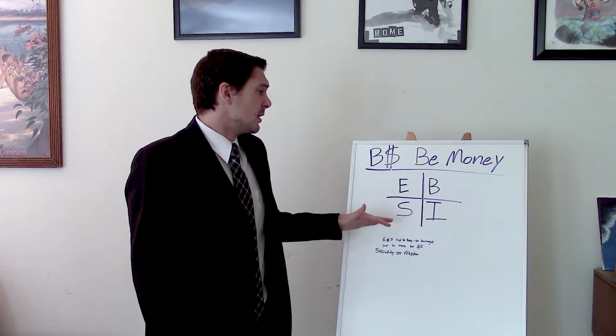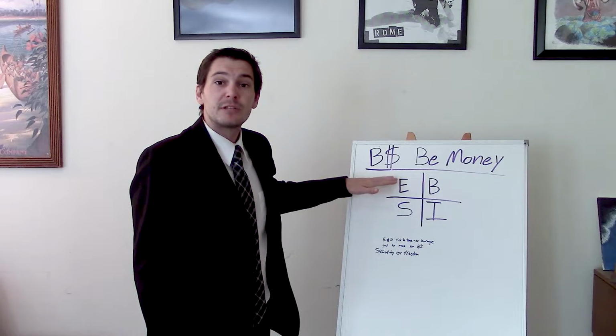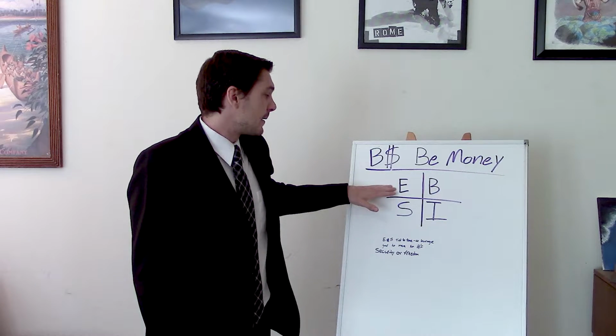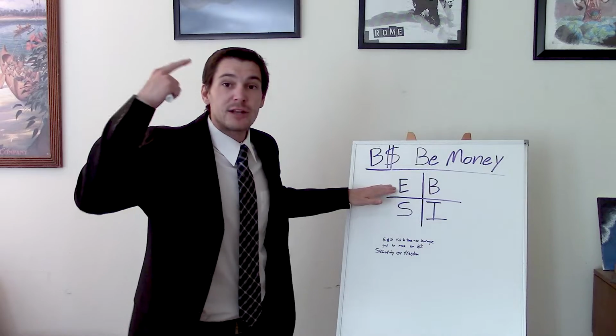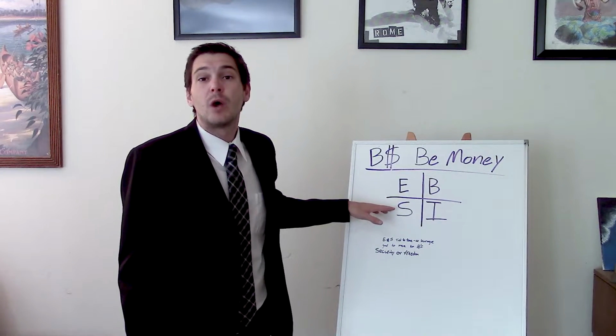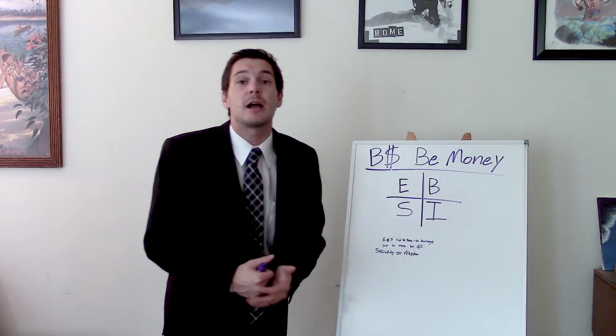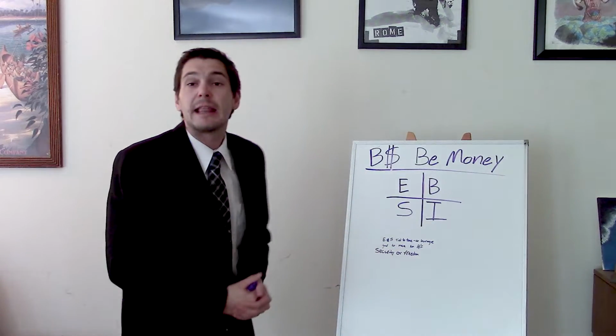E is employee. They're typically poor, they typically have no time for themselves, and eventually you become more educated and hopefully you become a specialist in something. That's what the college system tells us to do. Go be a doctor, a lawyer, a specialist.